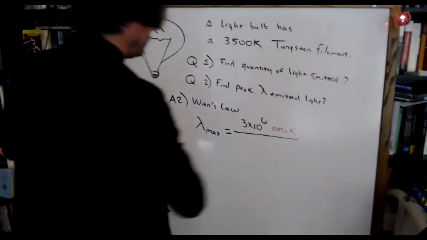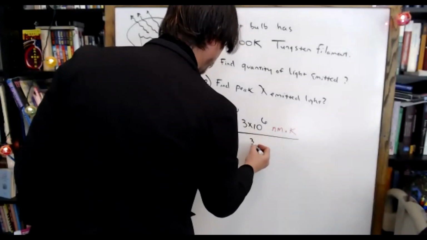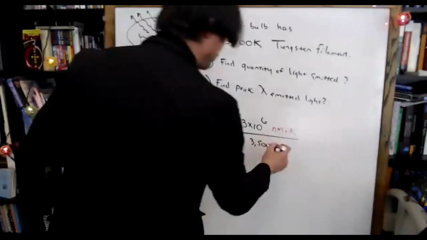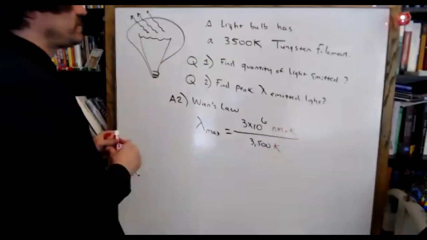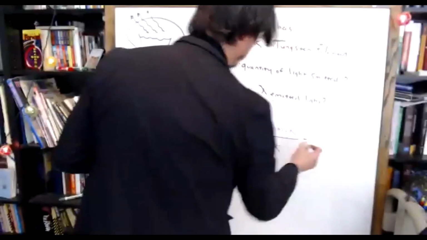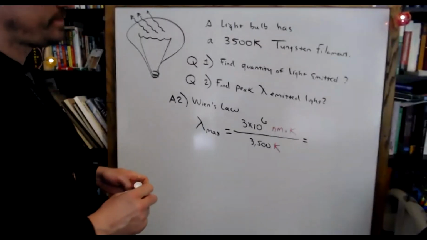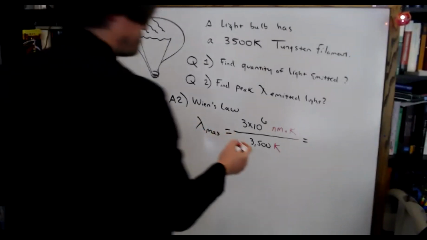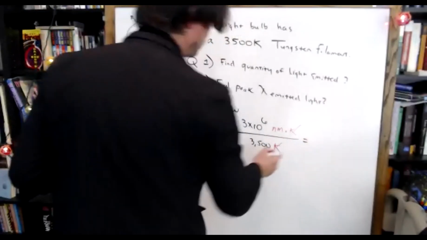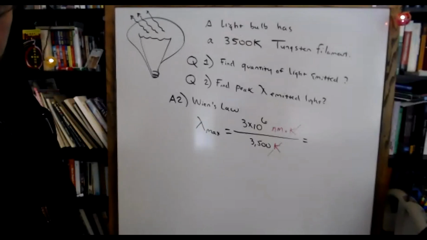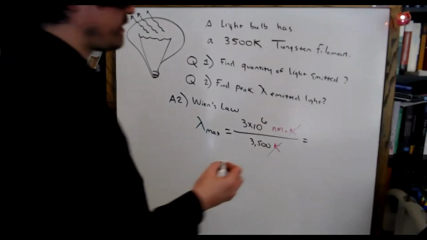And our temperature here is 3,500 Kelvin. So what does that give us? Just plug it in. 857. Let's call it 860.